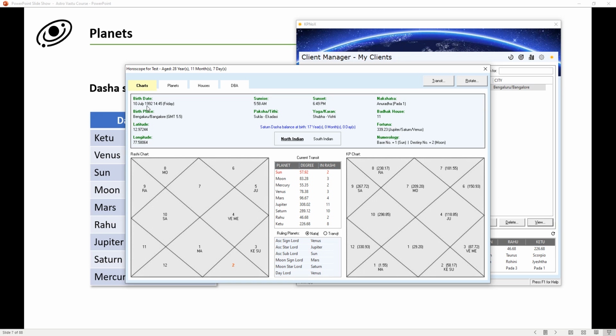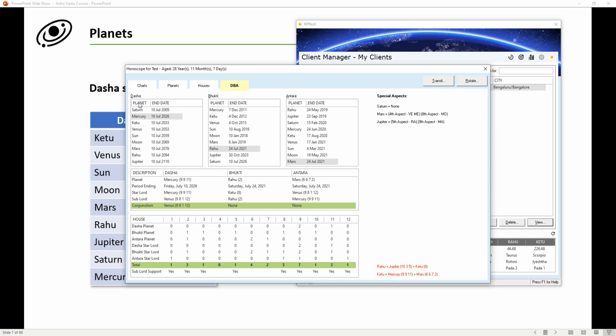It's 10th July 1992. So if I go to DBA, you can see that the Dasha has started with Saturn. Bhukti also starts with Saturn, and the Antara would be Mars. You can see that Moon Antara ended on 20th June and Mars ended on 22nd August. So 22nd July falls between these two, which means it's falling under Mars.